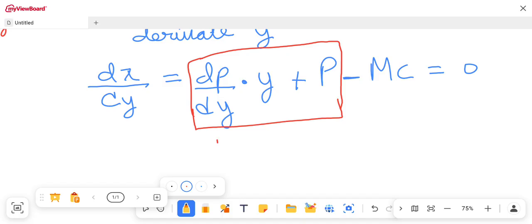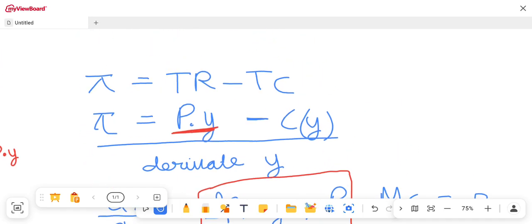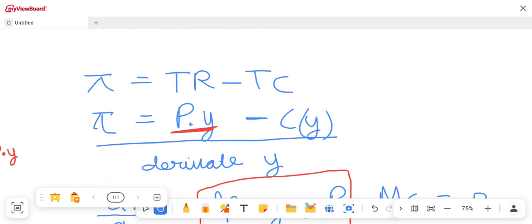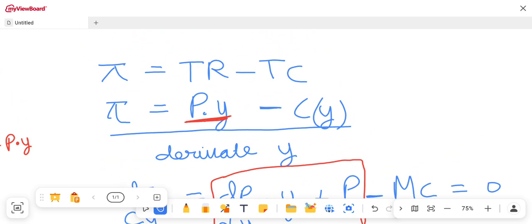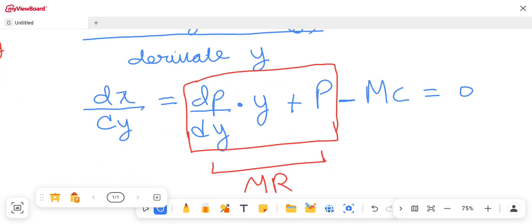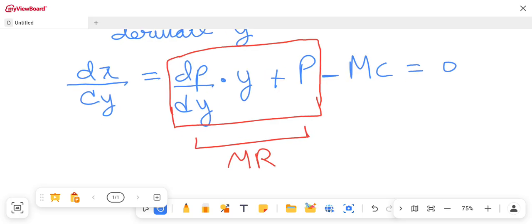If we get this, we can say this as marginal revenue, because what we said that total revenue equals to P into Y. When we derivate P into Y, we get this. So basically we derivated total revenue, so we can call this marginal revenue.